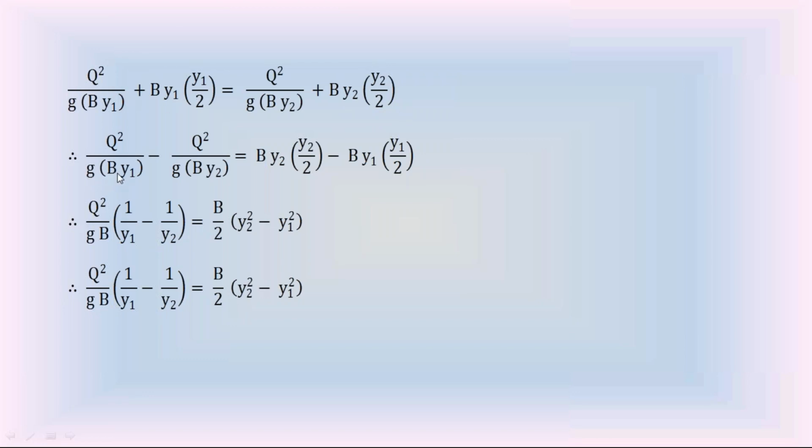So Q square by Z B Y1, minus Q square by Z B Y2, is equal to B by 2 into Y2 square, bring this term to the right side, minus B by 2 into Y1 square. Bring the discharge terms to one side and the remaining terms to the other side. So Q square by Z B Y1 minus Q square by Z B Y2 is equal to B by 2 into Y2 square minus B by 2 into Y1 square.